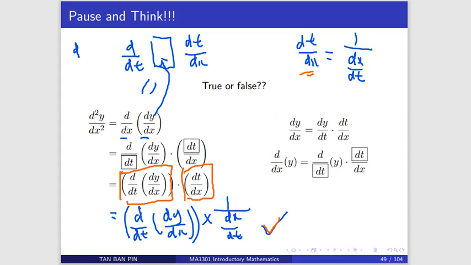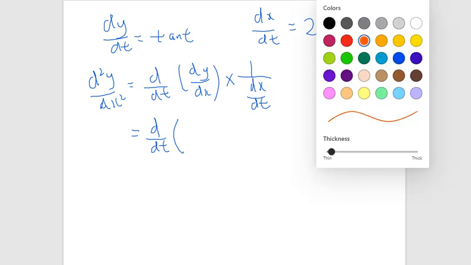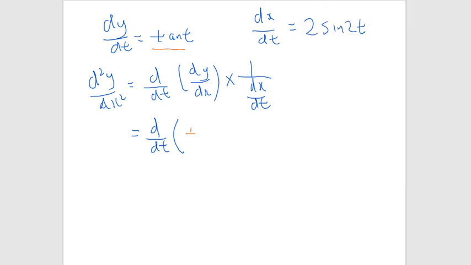To find d²y/dx² in parametric differentiation, change it to d/dt of dy/dx, multiplied by 1 over dx/dt. So the next is d/dt of dy/dx. The dy/dx we have found is tan t. So it makes sense to differentiate tan t.